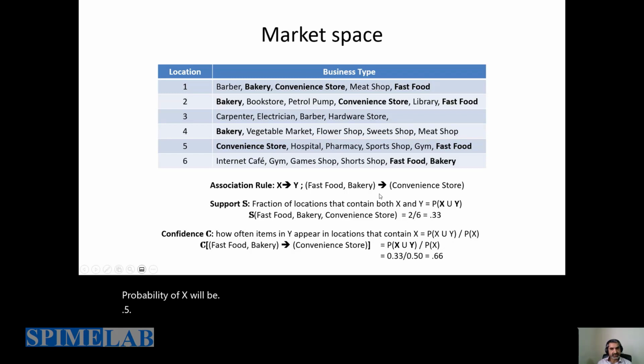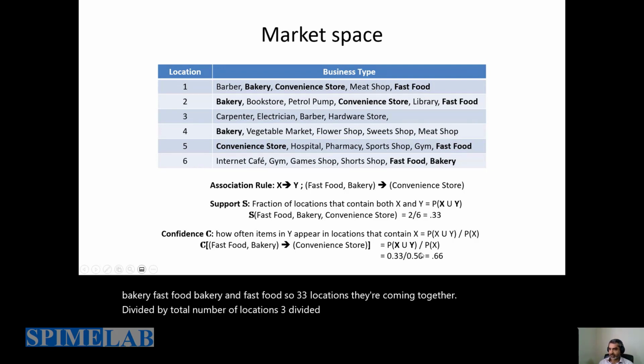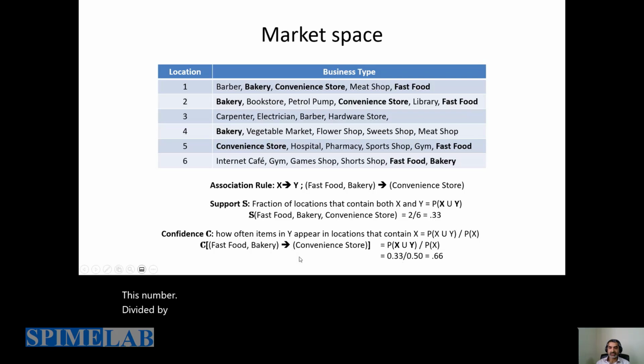X is fast food and bakery: three locations where they are coming together, divided by total number of locations. 3 divided by 6 is 0.5. So the ratio of this number divided by this number gives us the confidence about the rule. These two numbers are at the core of evaluating association rules.